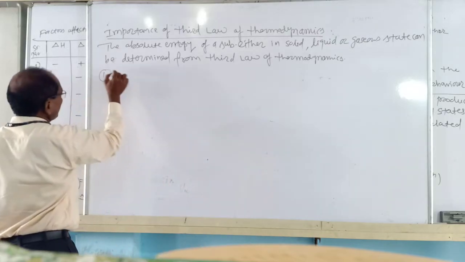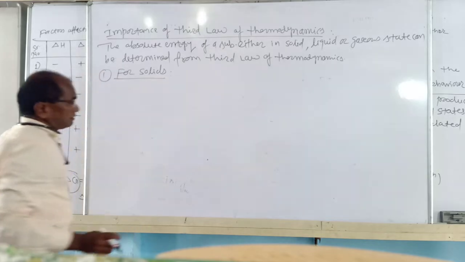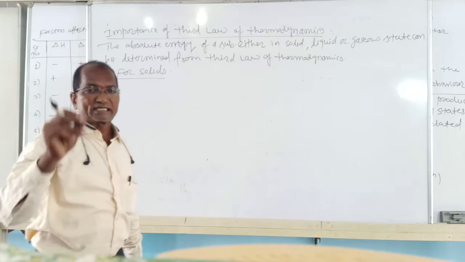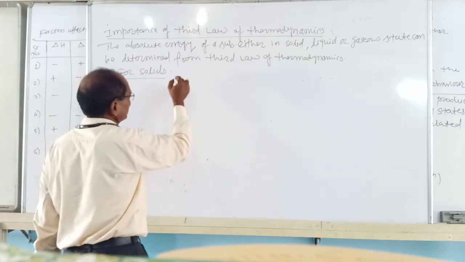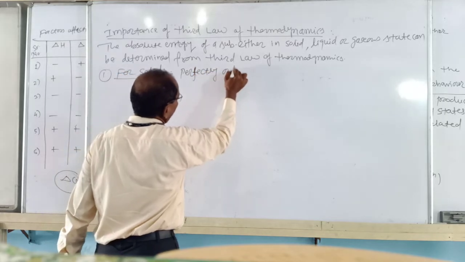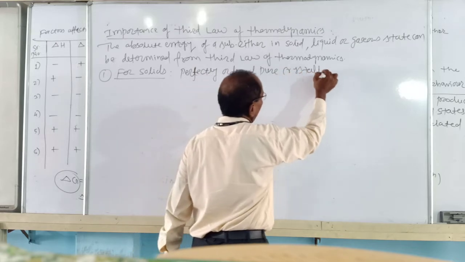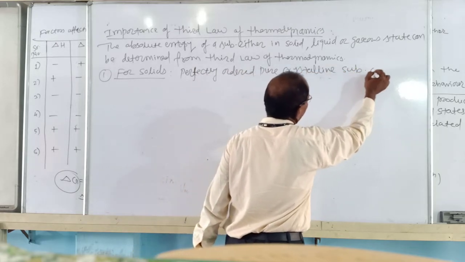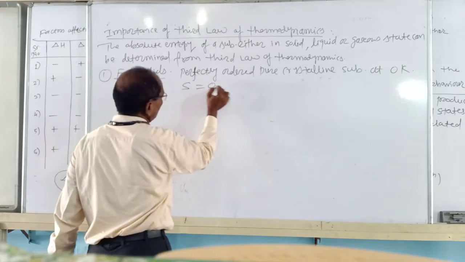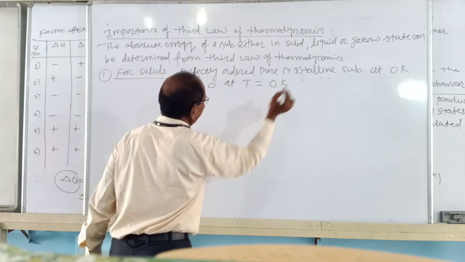First, we see for solid. For solid, if it is a perfectly ordered pure crystalline substance at 0 Kelvin, S is equal to 0 at T is equal to 0 K.